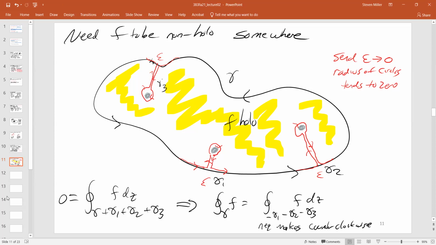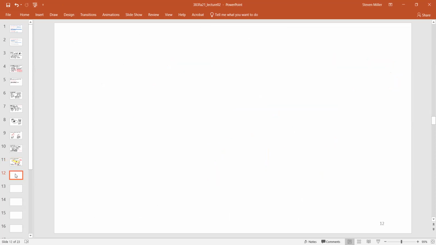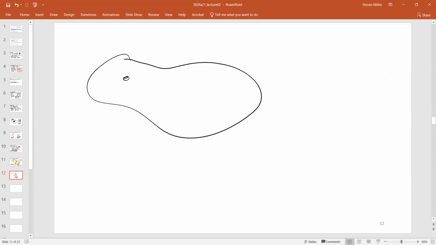So the result is, this is a big picture of where we're going. If we have 3 points like this, we can draw circles about each one of these. And now these circles are oriented in the counterclockwise manner, C1, C2, C3, and gamma. F is holomorphic, save the bad points.